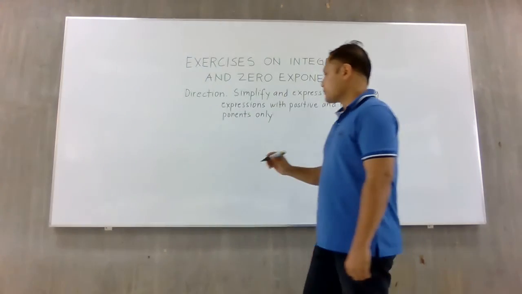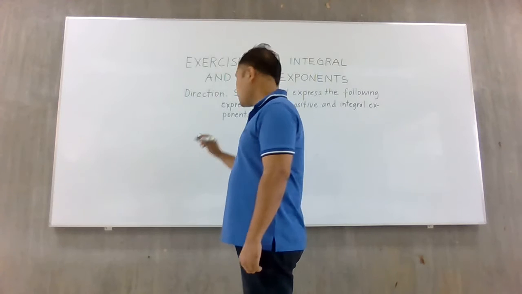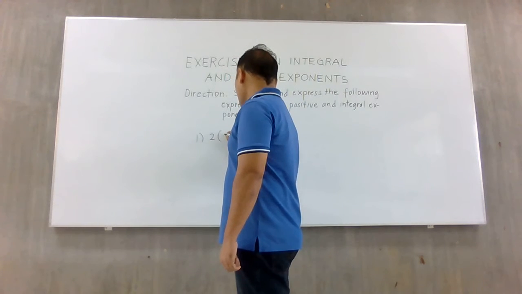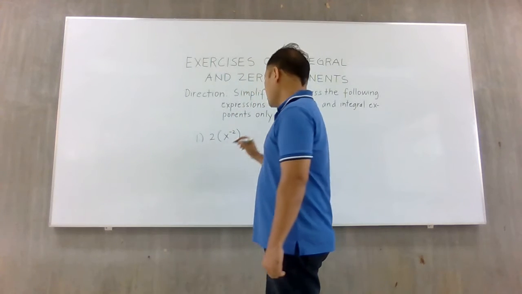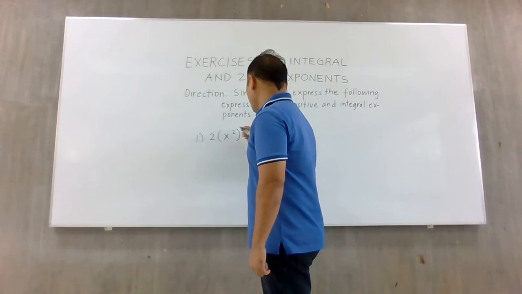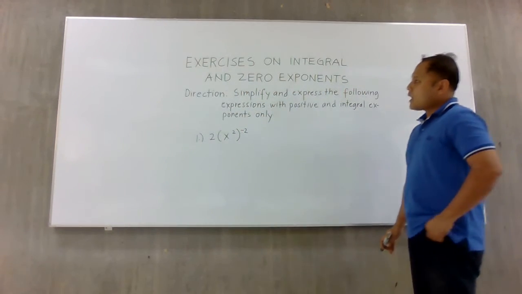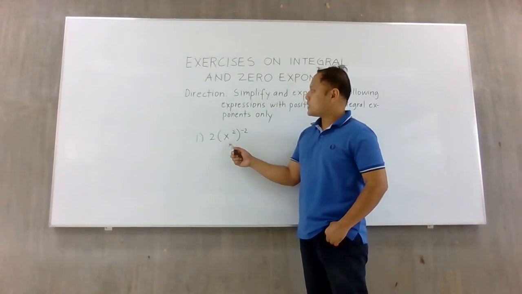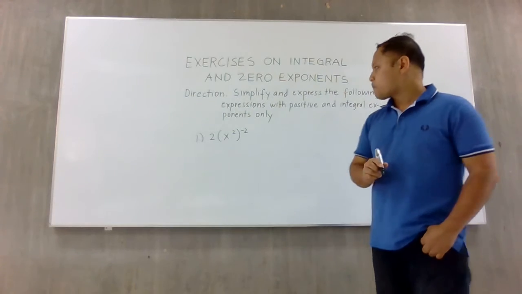Number one is 2x to the power negative 2. How can we simplify this expression containing exponents?